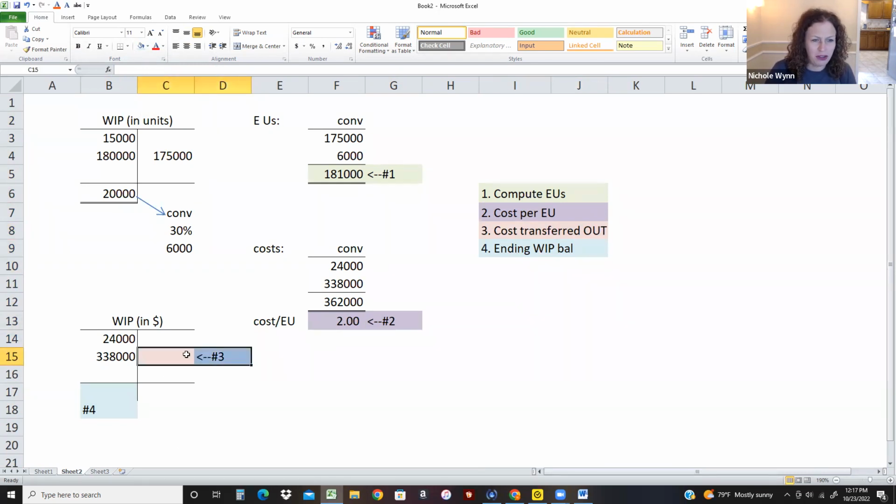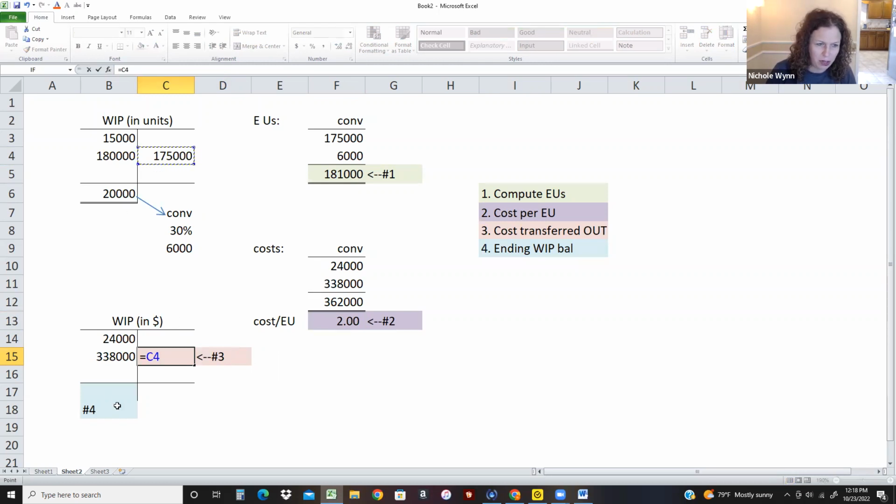To find the dollar amount transferred out, we have to look at how many units transferred out and what each unit costs. To calculate the amount that comes out of WIP, we know we finished 175,000 units and each unit is $2. So 175,000 units came out.